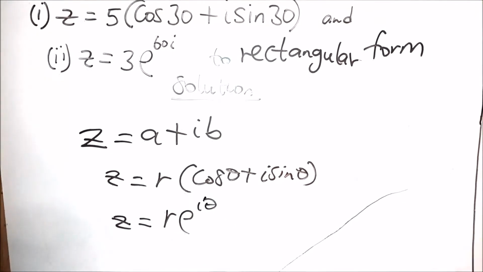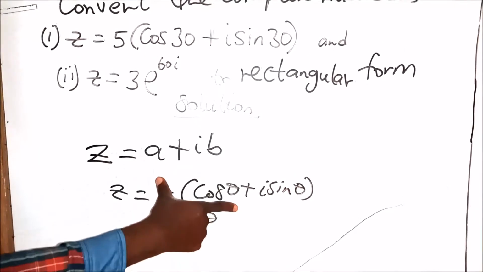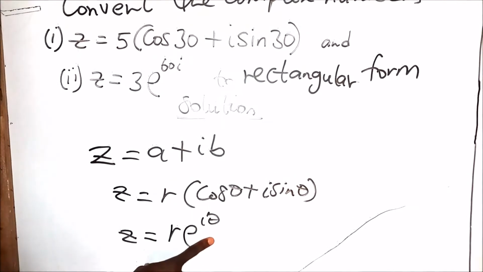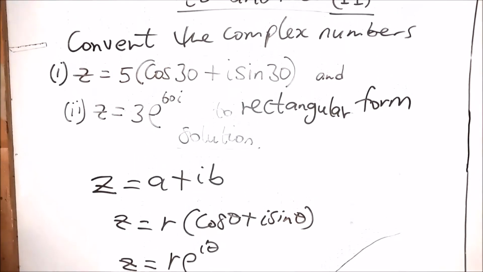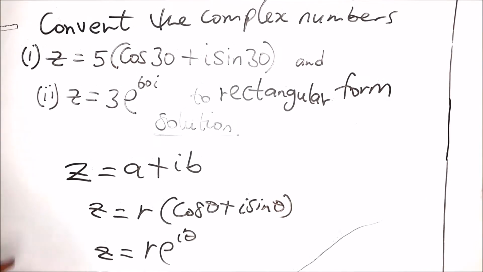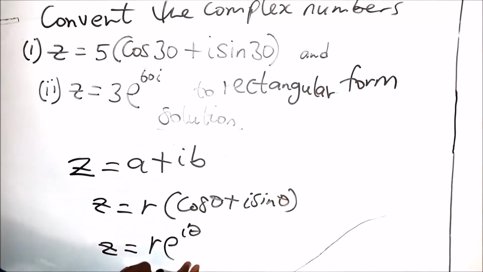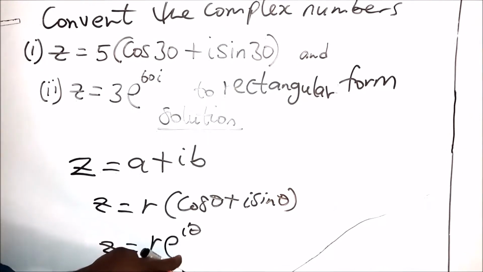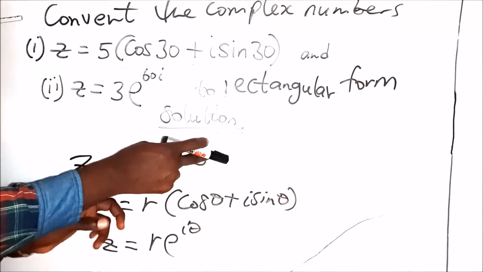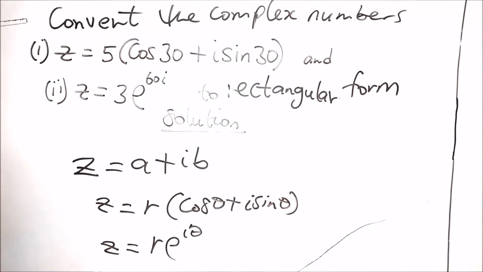So in the previous video, we converted a complex number in rectangular form to polar form and also to Euler form. Now, in this video, we are trying to see how we can convert a complex number from polar form back to rectangular form, or from Euler form back to rectangular form, because rectangular form is regarded as the general form of a complex number.